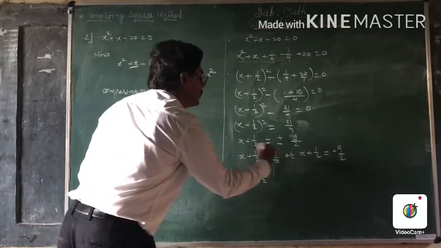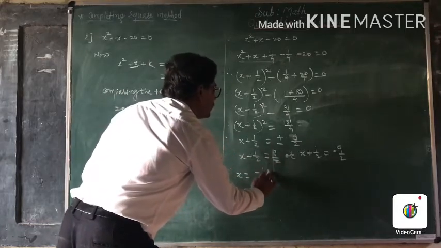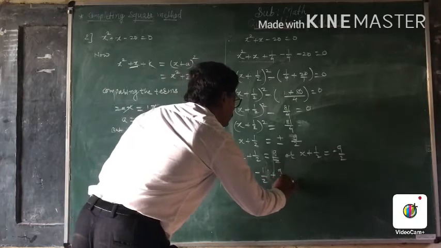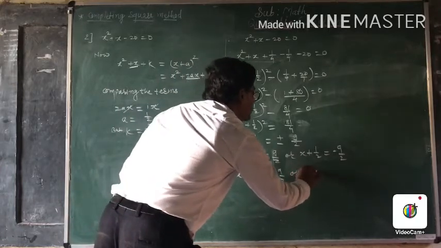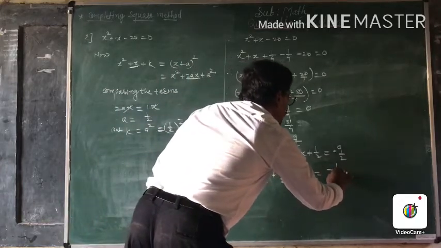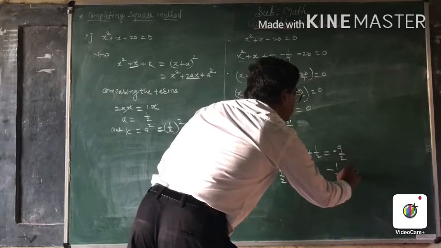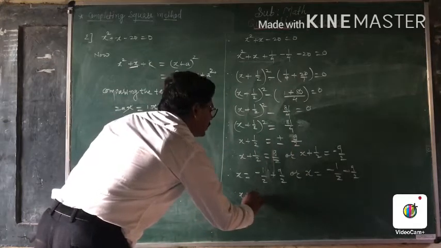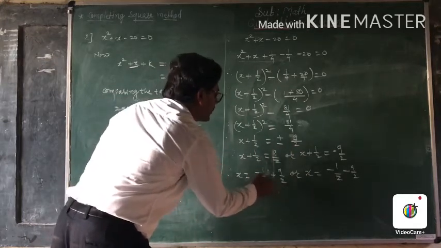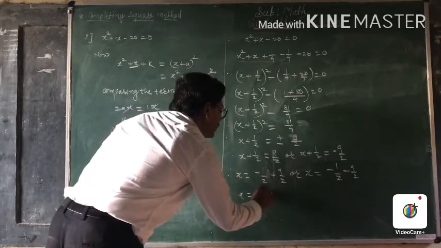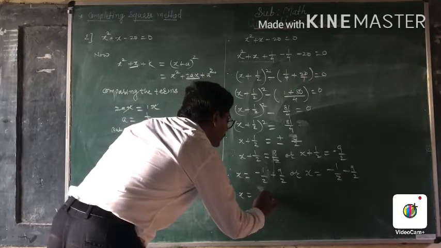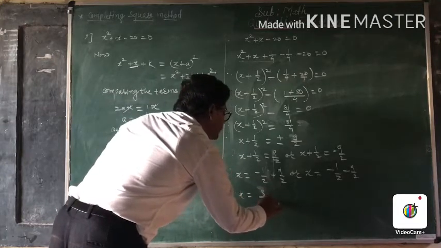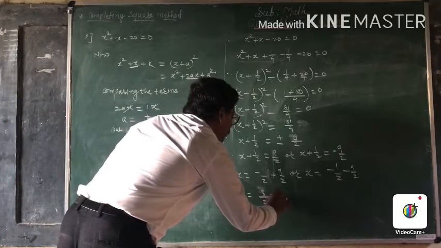Plus 1 half goes to the other side: minus 1 half plus 9 by 2, or x is equal to minus 1 half minus 9 by 2. Therefore, the denominators are the same, so x is equal to minus 1 plus 9, plus 8, divided by 2, which is equal to 4.